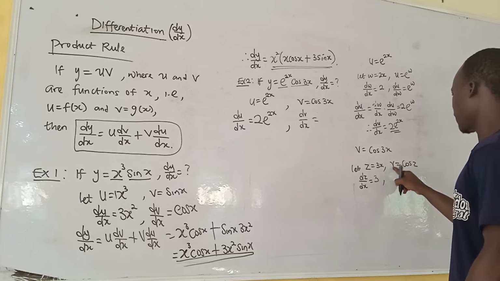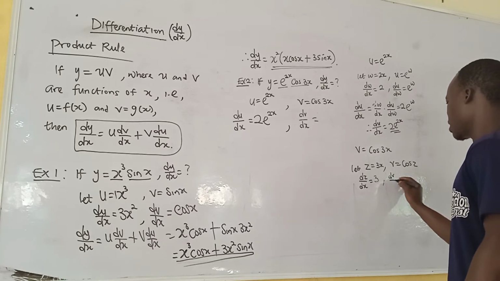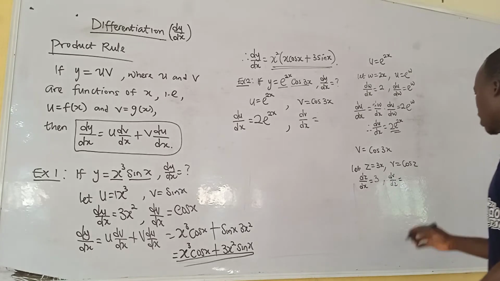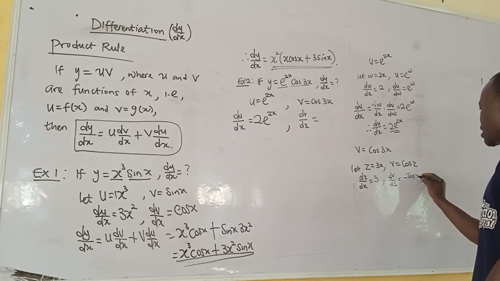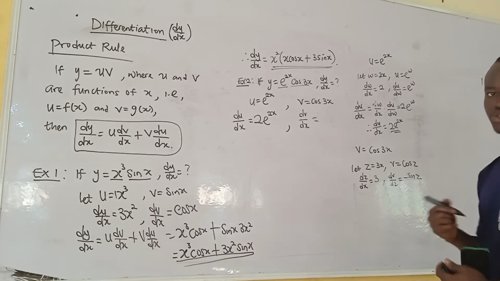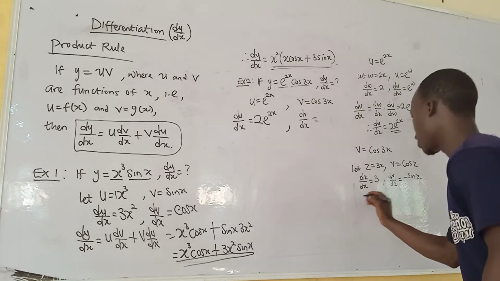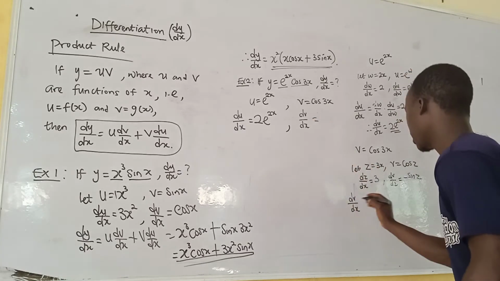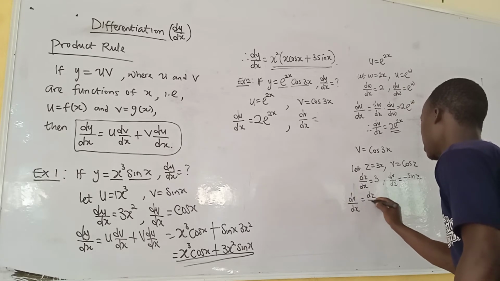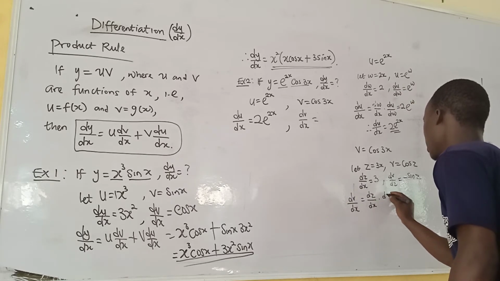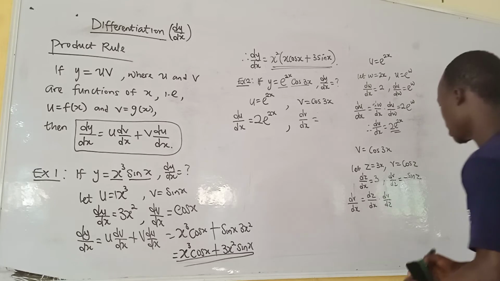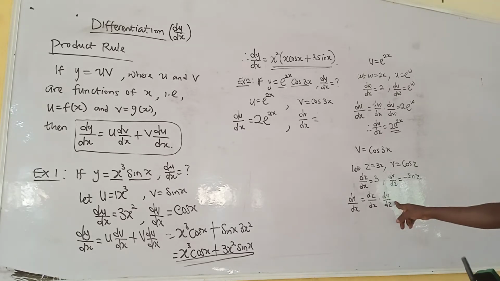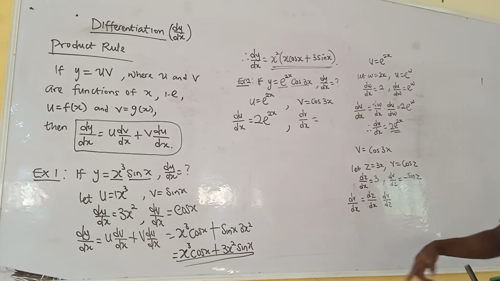Now, differentiate v with respect to z. dv/dz, I'm going to have minus sine z under the table for trigonometry. Now, chain rule says that what? dv/dx, which we are looking for here, is dz/dx times dv/dz. You can see that this one makes sense too, because by the time dz cancels dz, we are going to have dv over dx, which is what we are looking for.